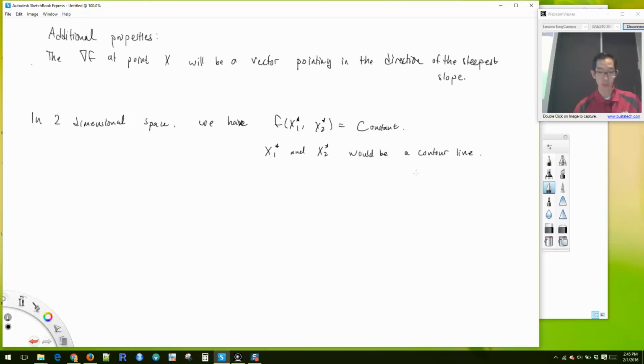And we'll say vector v is a tangent vector of the contour at point x equal to x1, x2.